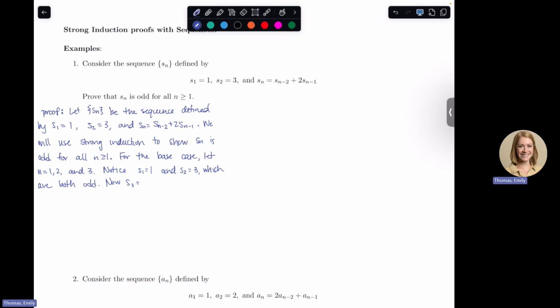S sub 3 is equal to 1 plus 2 times 3, sorry. I'm plugging that into here. S sub 3 is S sub 1 plus 2 S sub 2.